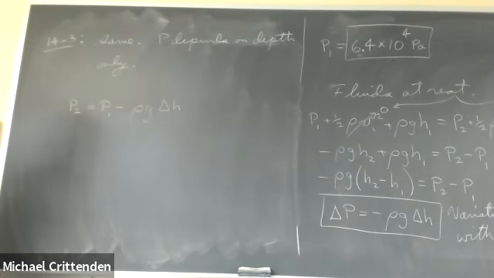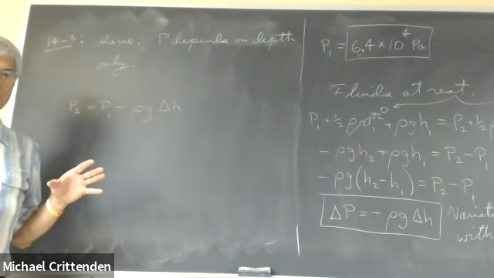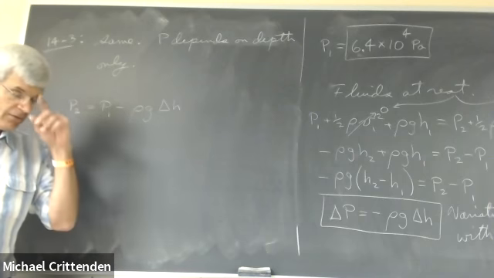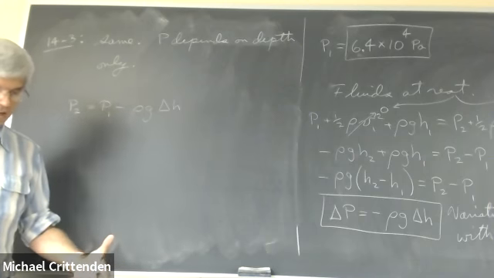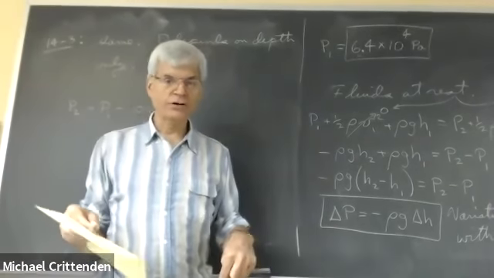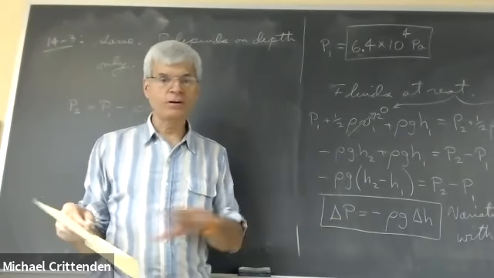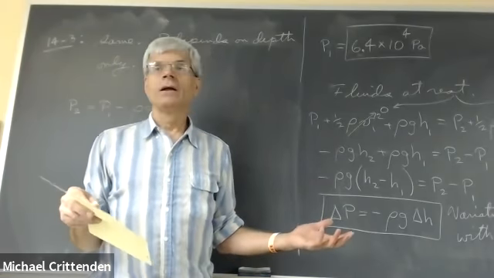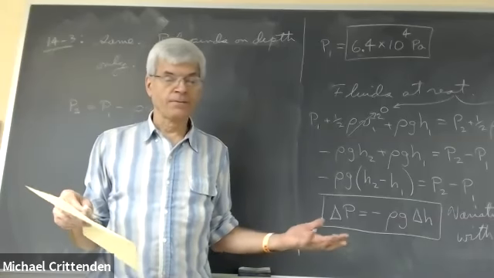So let's say you've got a fluid enclosed in some sort of vessel, okay? If you've got something out in the open, like a glass of water, and you try to apply some pressure to it, it won't work. The top's open to the atmosphere, and where it's in contact with the atmosphere, you'll have atmospheric pressure.